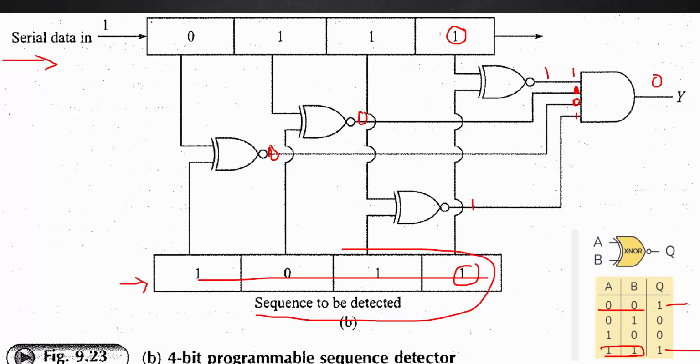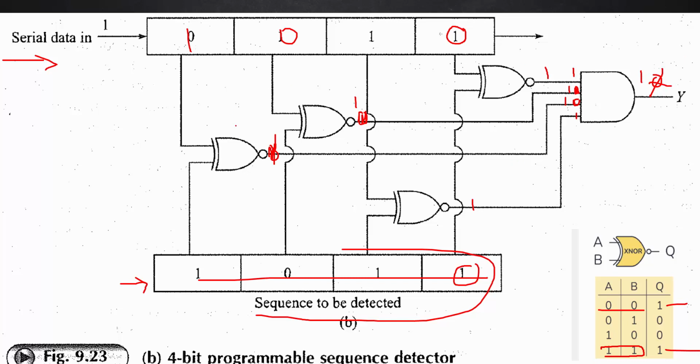Okay, suppose here it is 1 and here it is 0. In that case, this XNOR becomes 1, and this XNOR becomes 1, 1, 1. That means all four ones are input to your AND gate. Then in this case, the output becomes 1. What is the meaning of this 1?